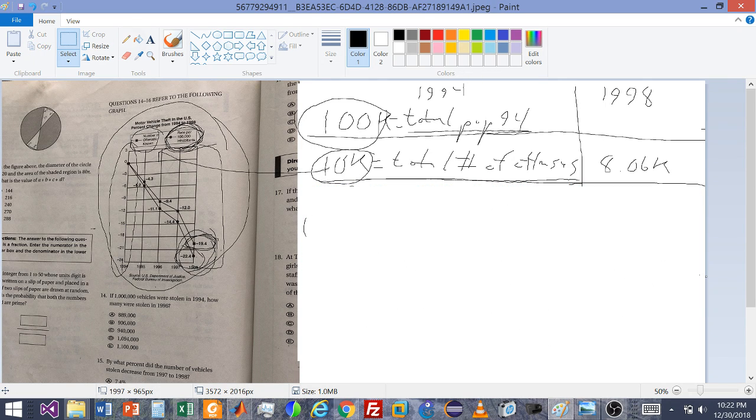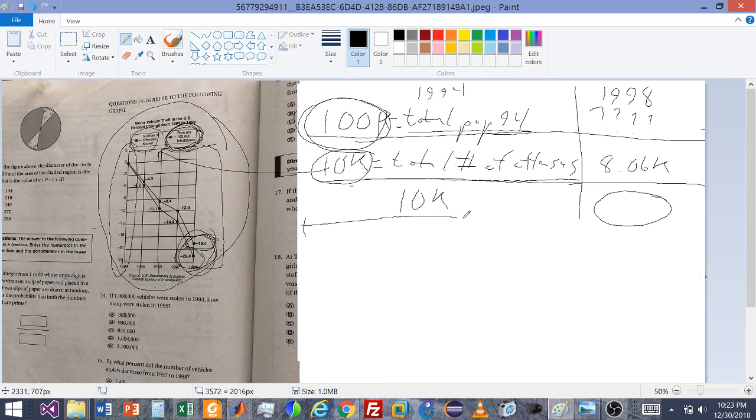Alright, so now let's use the same process to find out the number of thefts per 100,000. Right? In 1994, it's 10,000 per 100,000 because we chose a nice number of 100,000 total population. And eventually we're going to find this number, the total population in 1998.